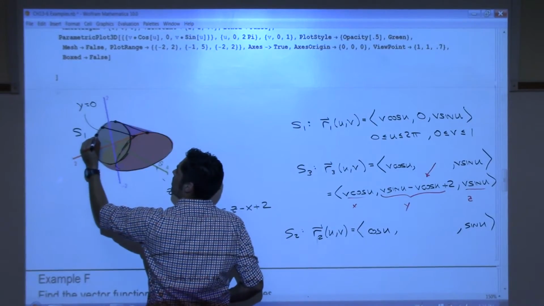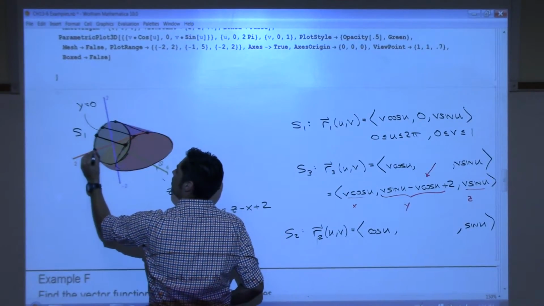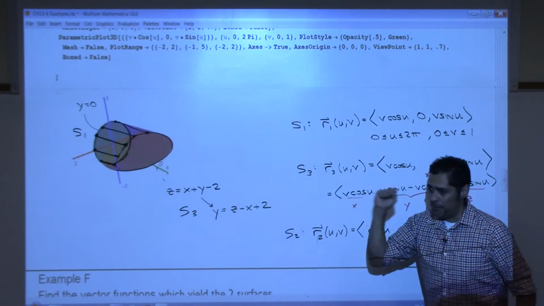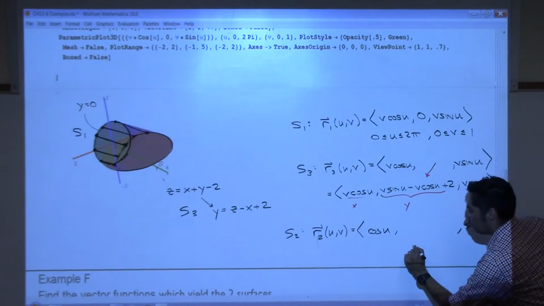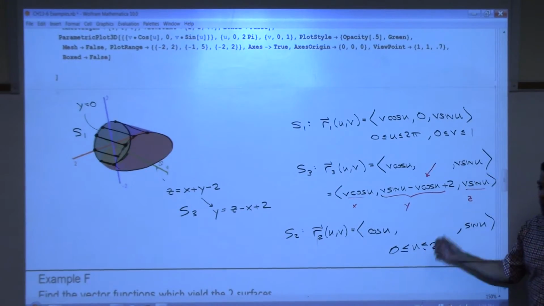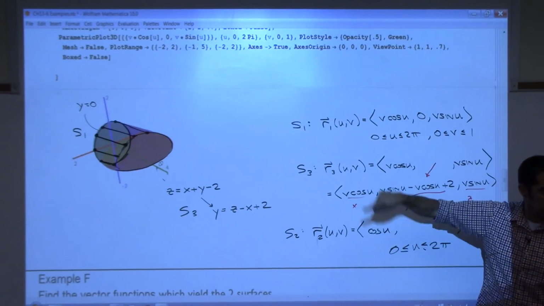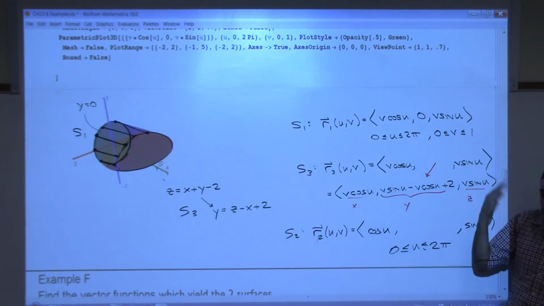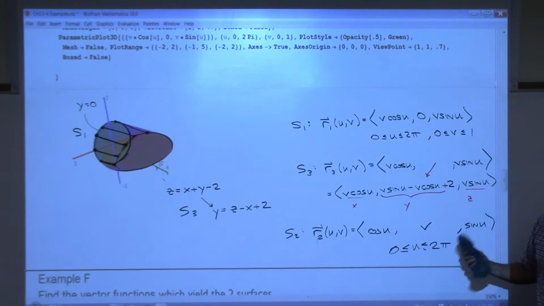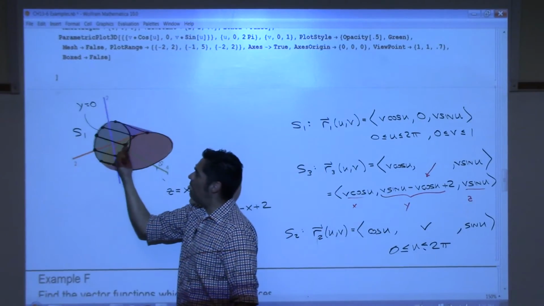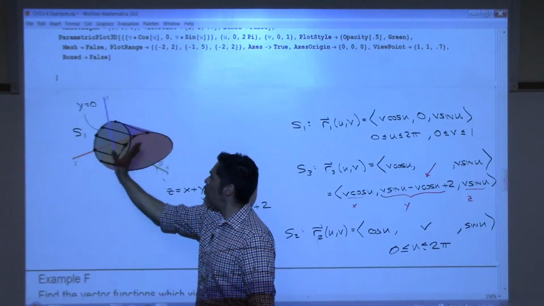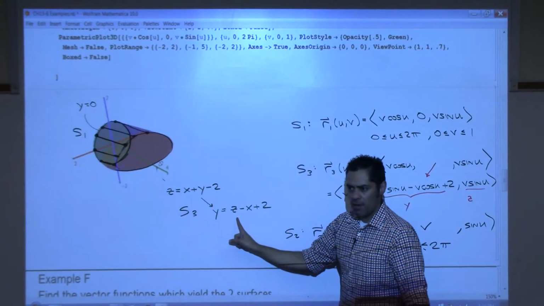So as I pick points along that circle, I fix the point, which means I plug in one of these u's, any u between 0 and 2 pi. Plug that u in, and I've got a point on that circle. Then I want my y coordinate to go back and forth, so I'm going to let it just be v. And that v has to be stuck between what two y values? 0 is the back, and the front y value is this plane right here.